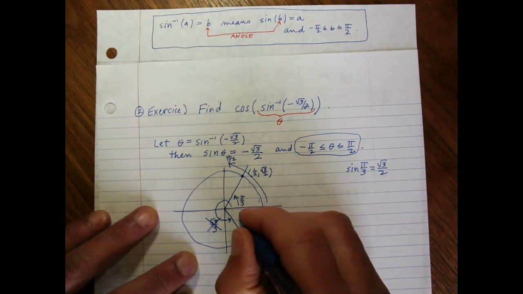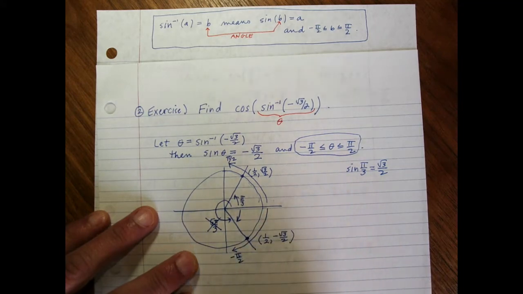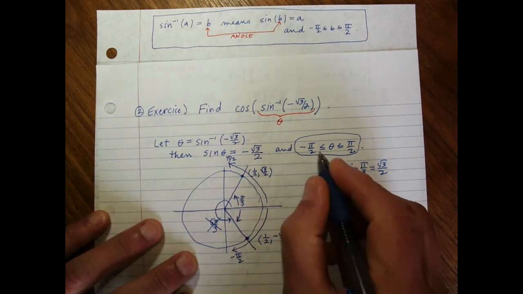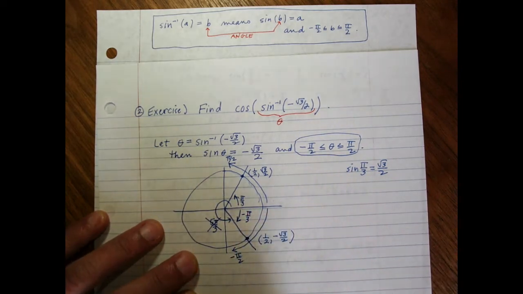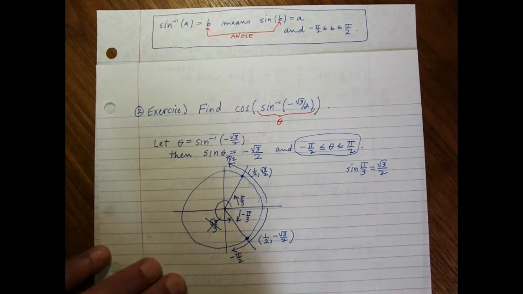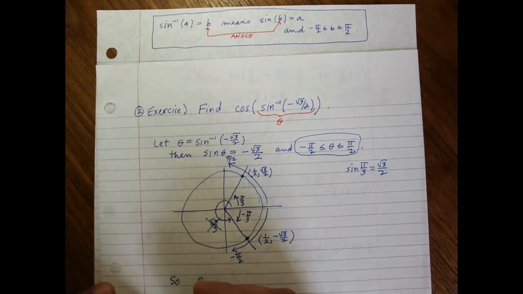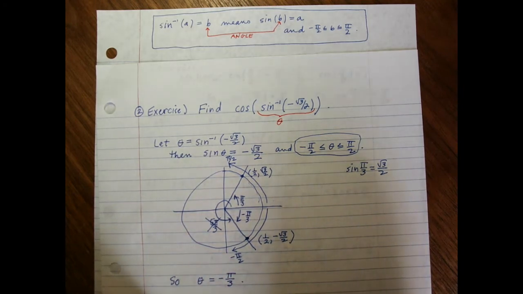What we actually want is the negative angle measured in this direction. That will fall in the interval from negative pi over 2 to pi over 2. And it's actually not hard, by symmetry, to just see that's negative pi over 3. So theta is equal to negative pi over 3. We have our theta value.